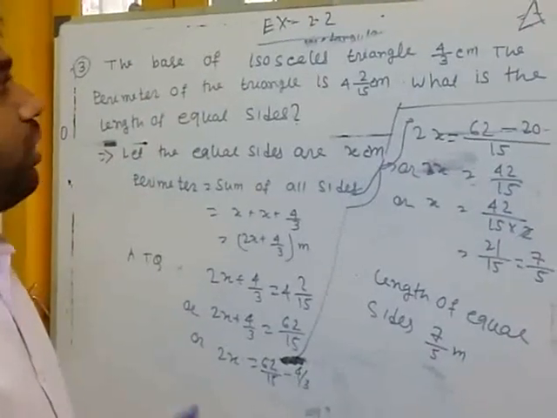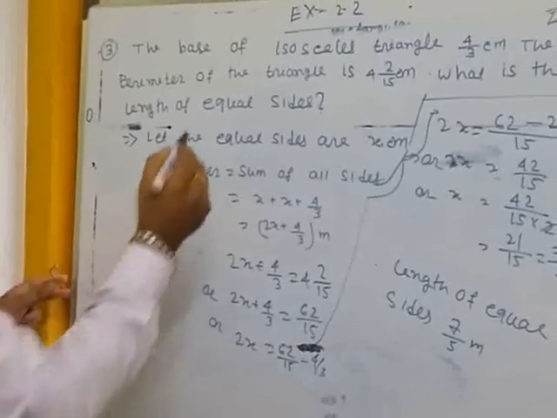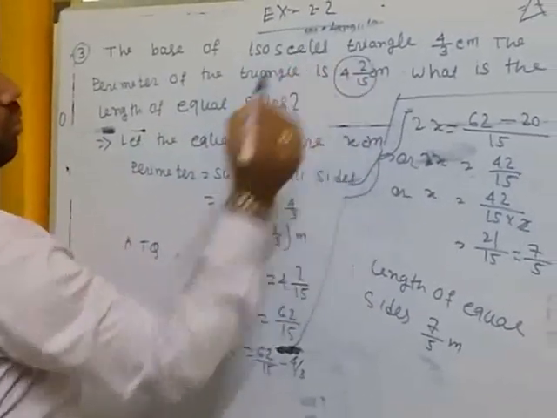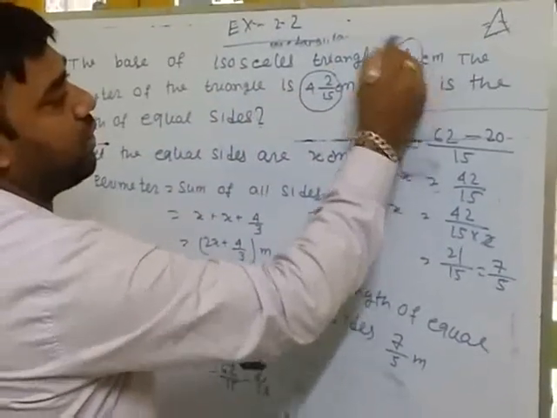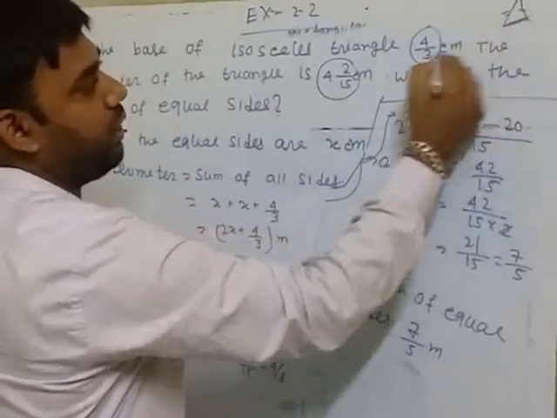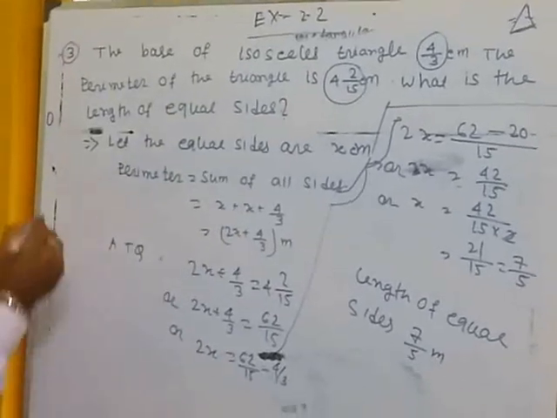The perimeter is given as 4 whole 2 by 15, and the base is 4 by 3 centimeter. Then you have to find the length of the equal side.